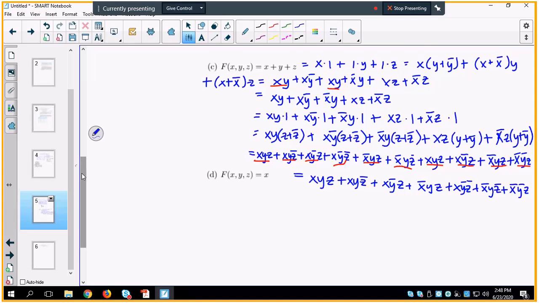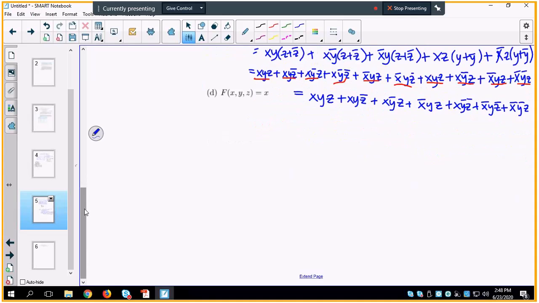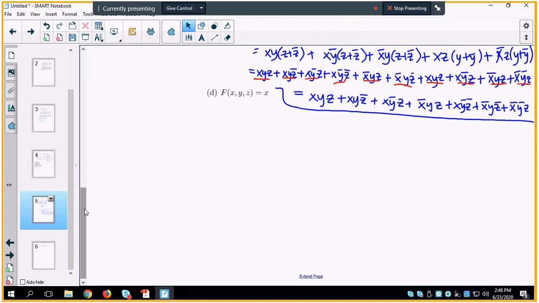The last example here is f of x, y, z is equal to x. So I do need to introduce two variables, but it shouldn't be too bad since I just have the one term x. So I'm going to first say that x is equal to x times 1. And x times 1, I'll replace the 1 by y plus y bar.